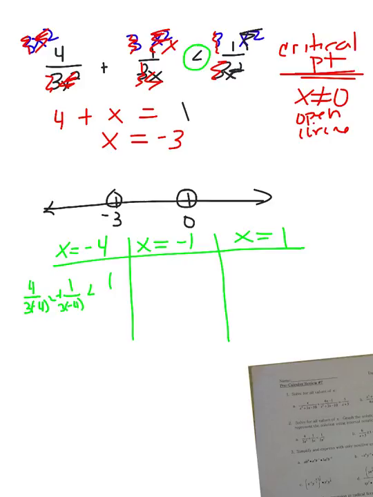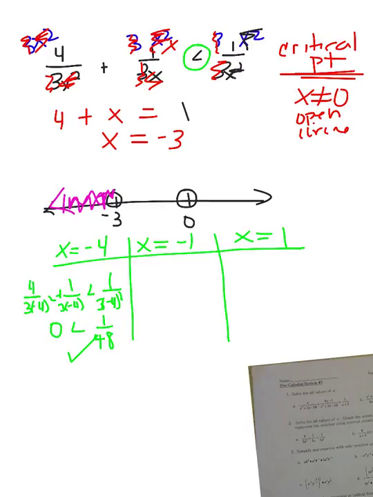Is that less than 1 over 3 times -4 squared? You're going to plug this into your calculator. What I get is, on the left, 0 is less than 1 over 48, and that's true. So that means shade to the left.